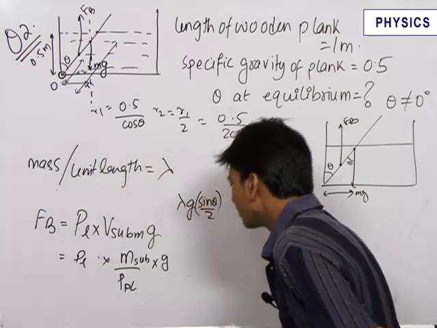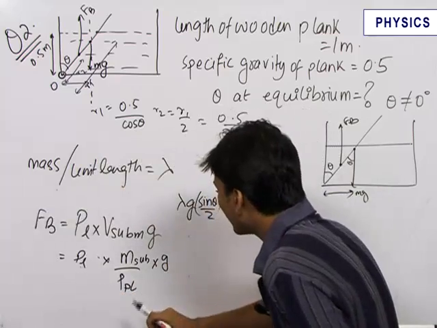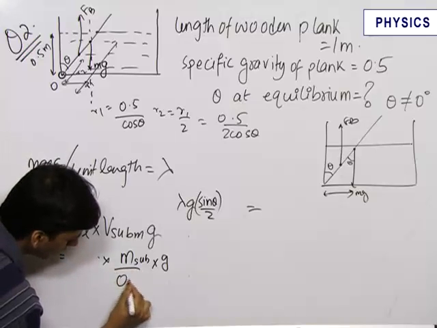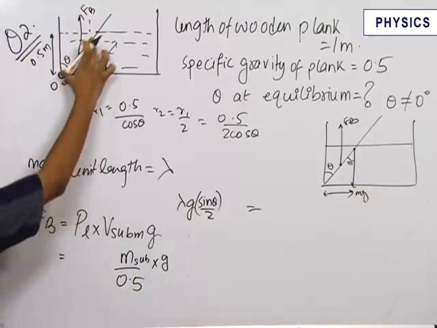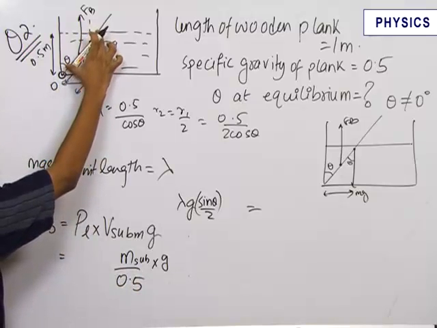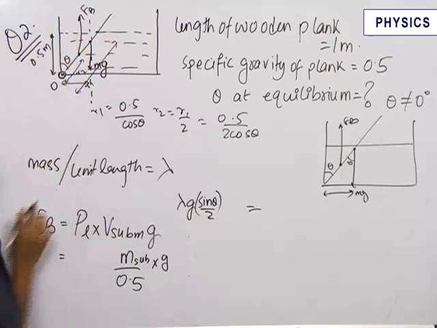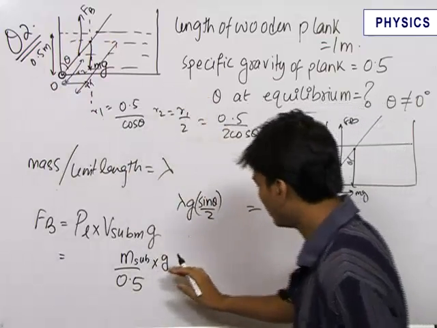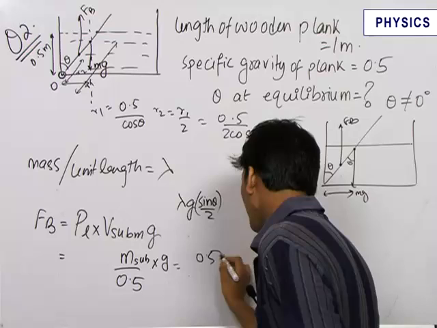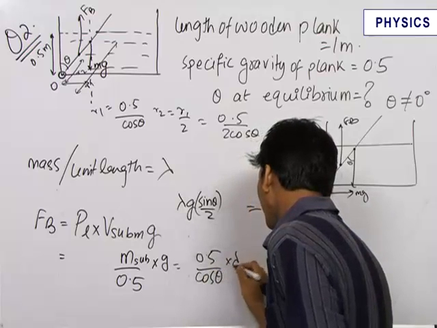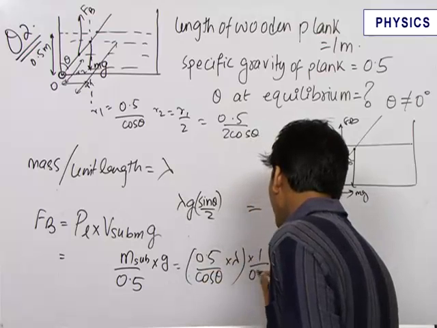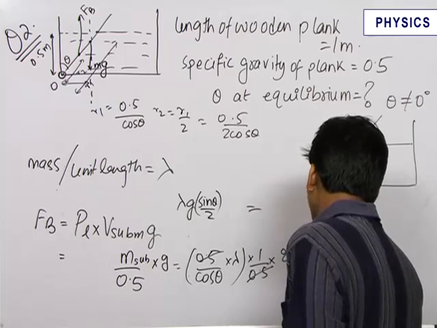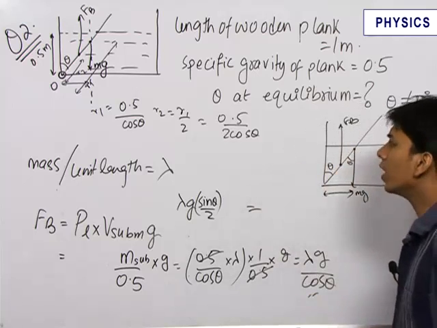Rho plank upon rho liquid is given to be 0.5, so we can replace this by 0.5 here. The mass submerged is equal to the mass per unit length into this length, and this length is equal to 0.5 upon cos theta. Therefore, mass submerged is equal to 0.5 upon cos theta into lambda. So we write this as 0.5 upon cos theta into lambda into 1 upon 0.5 into g, that is equal to lambda g upon cos theta. So this is the magnitude of the buoyant force.